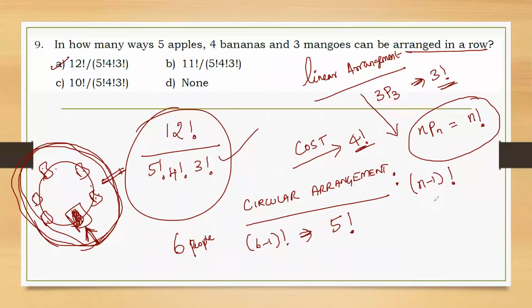Therefore, in circular arrangement the answer is n minus 1 factorial; for linear, n factorial.